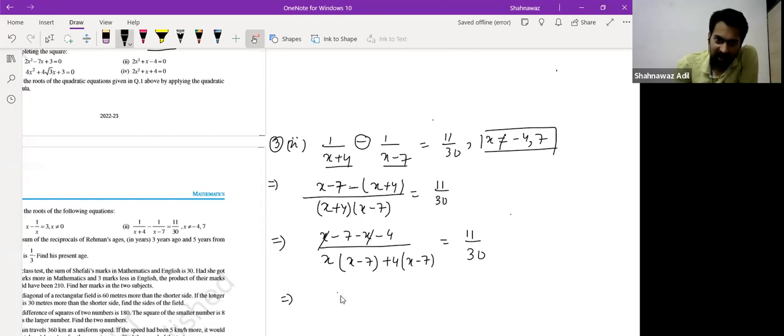Minus 7 minus 4 is how much? Minus 11. So there's one turn, Talha, right?